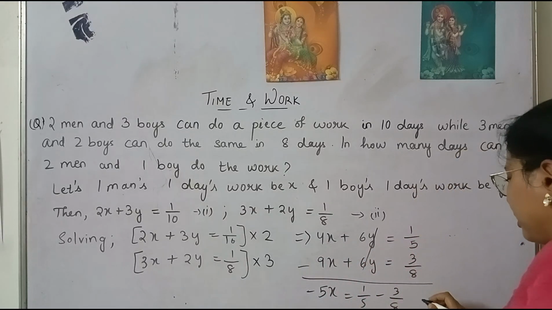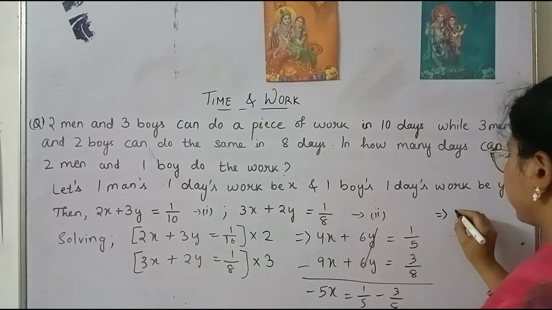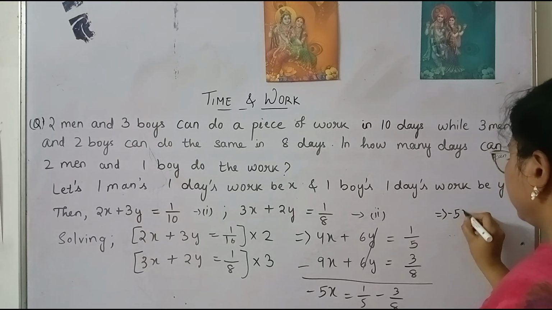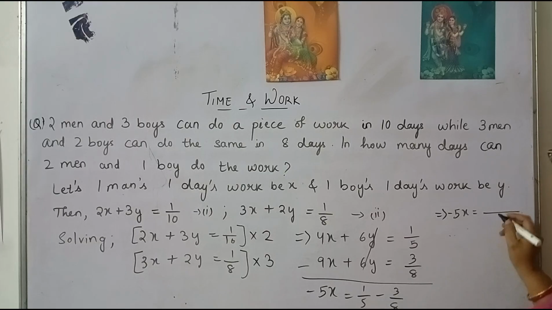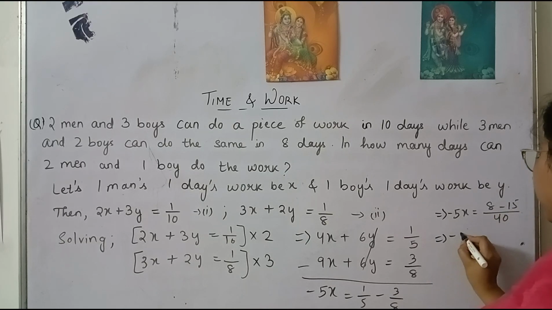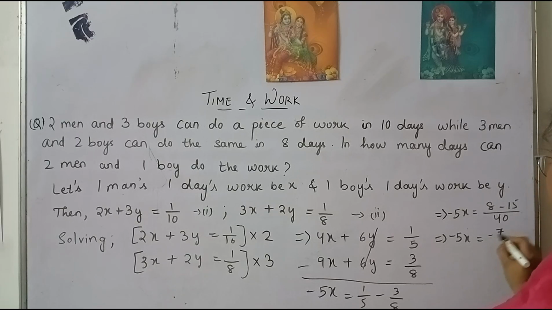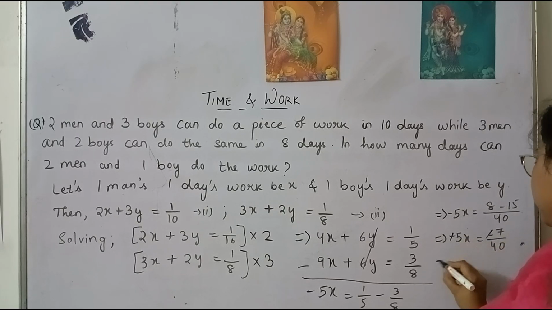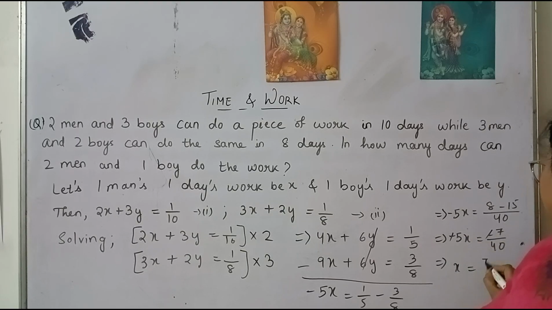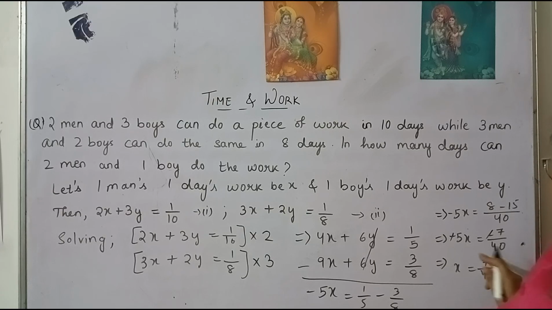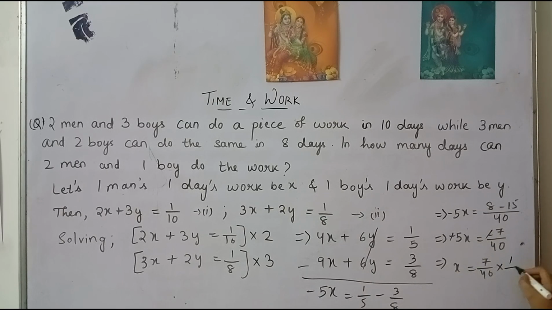Let's calculate further. 5 and 8, LCM will be 40, so 8 minus 15. So we get minus 5x equals minus 7 by 40. Minus minus gets cancelled. x will be 7 by 40 into 1 by 5, so the 5 will come below. It will be 7 by 200. 7 by 200 is x's value.